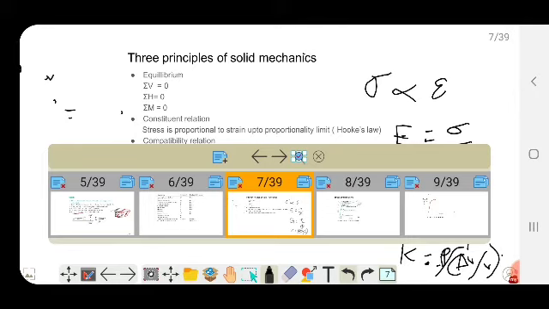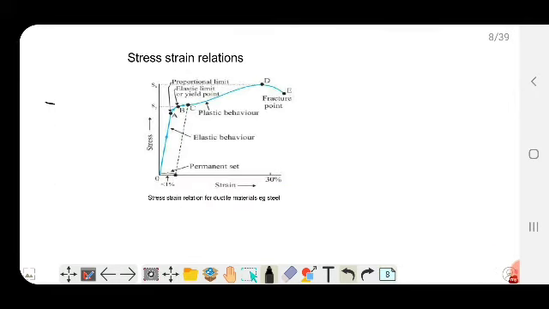Next, stress strain relations. So we have already told up to proportionality limit, this stress is proportional to strain. It is given by Hooke's law, but it is not the practical case.